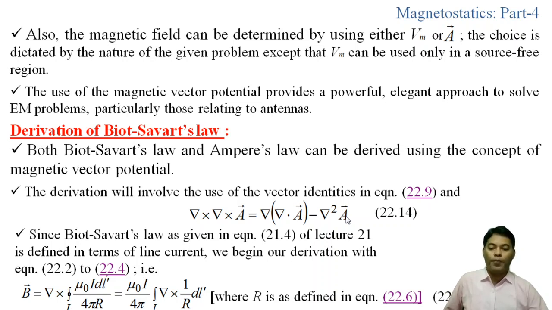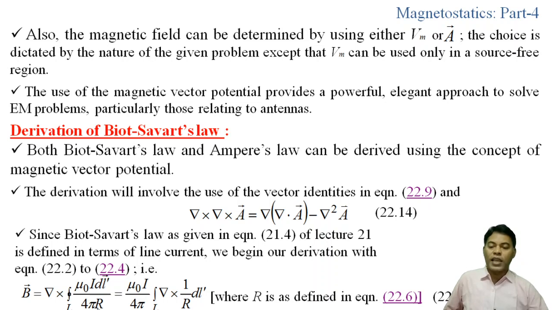Now we know that B equals grad cross A. Here A is the magnetic vector potential, which we have calculated. So we have written that B equals grad cross the closed line integral of mu naught I dl prime by 4 pi r.